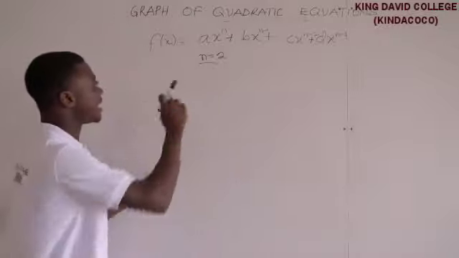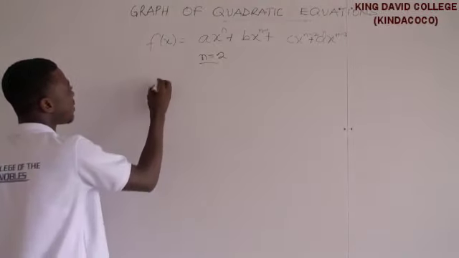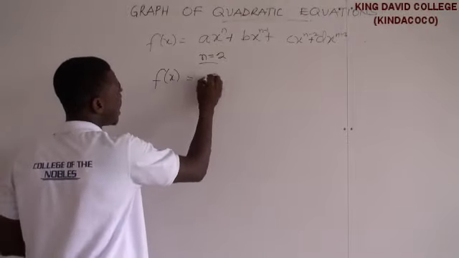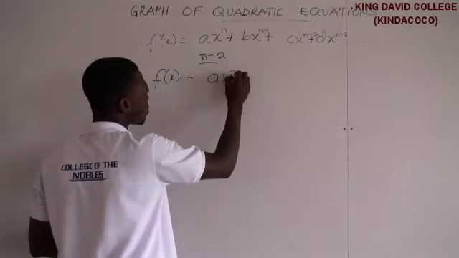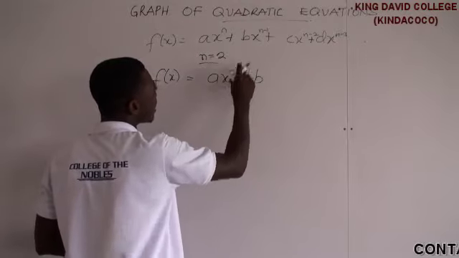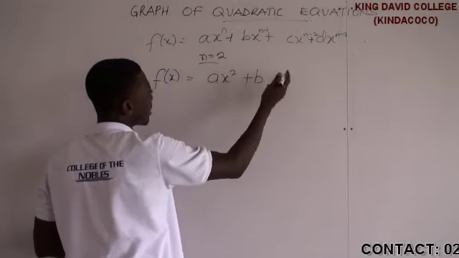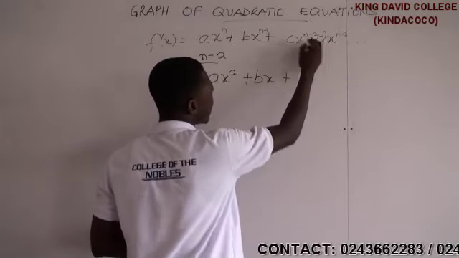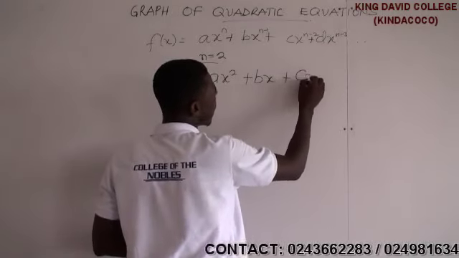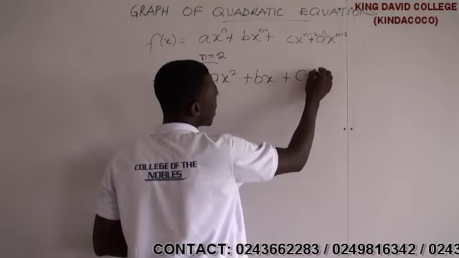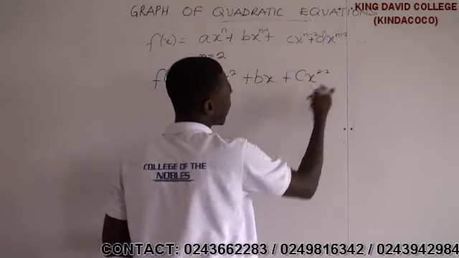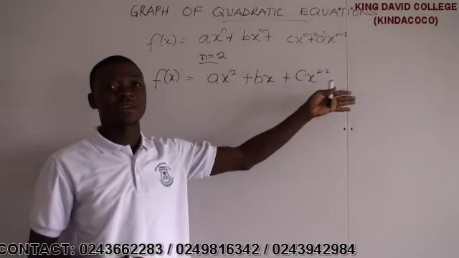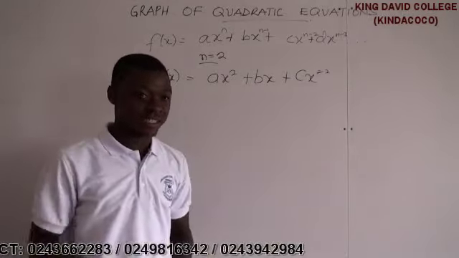So when you put n in the general formula you are having there, then my function for quadratic becomes a x to the power 2 plus b, then you see 2 minus 1, so that's b x to the power 1, then plus c, and this c has x attached, so 2 minus 2, and that is going to give you 0, and any number raised to the power 0, from the indices lesson, is 1.